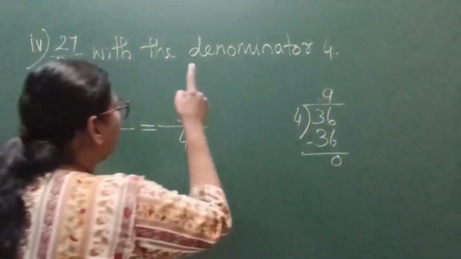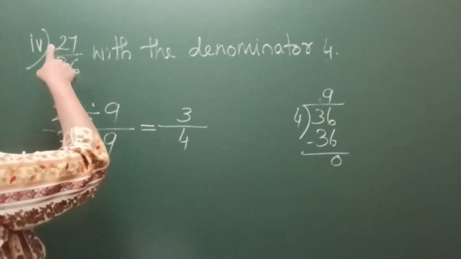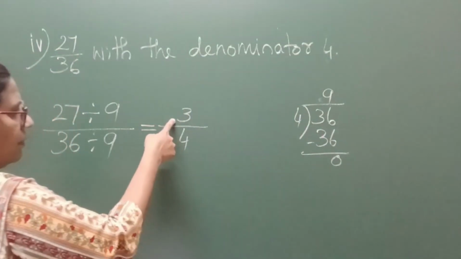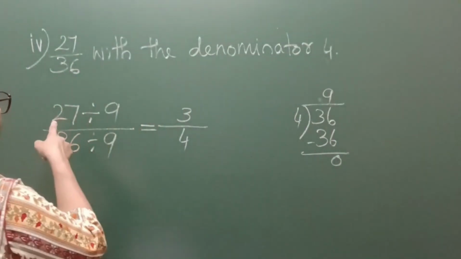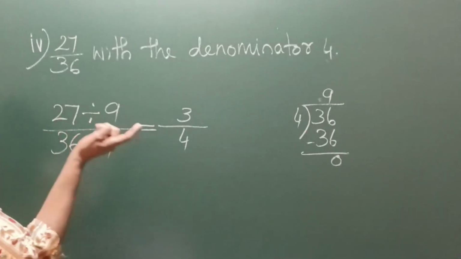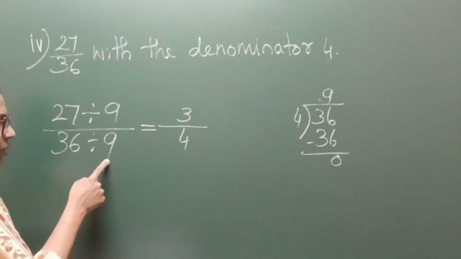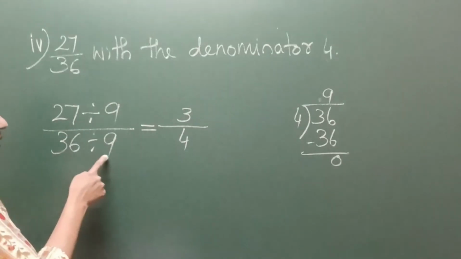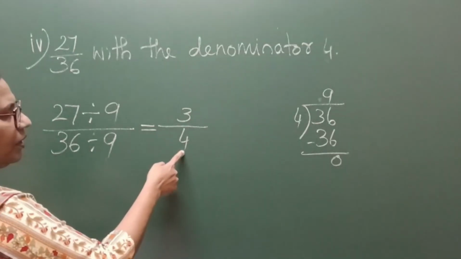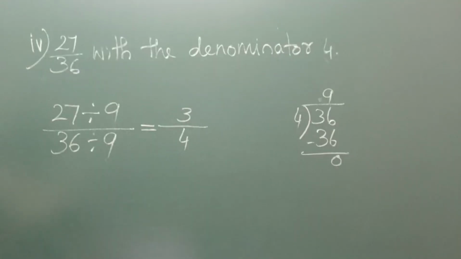With that factor, we divide the given fraction's numerator, then we get the new numerator. When we divide the numerator by any factor, with the same factor we have to divide the denominator also. That is why 36 divided by 9 here. So we get the denominator 4 and the numerator 3.